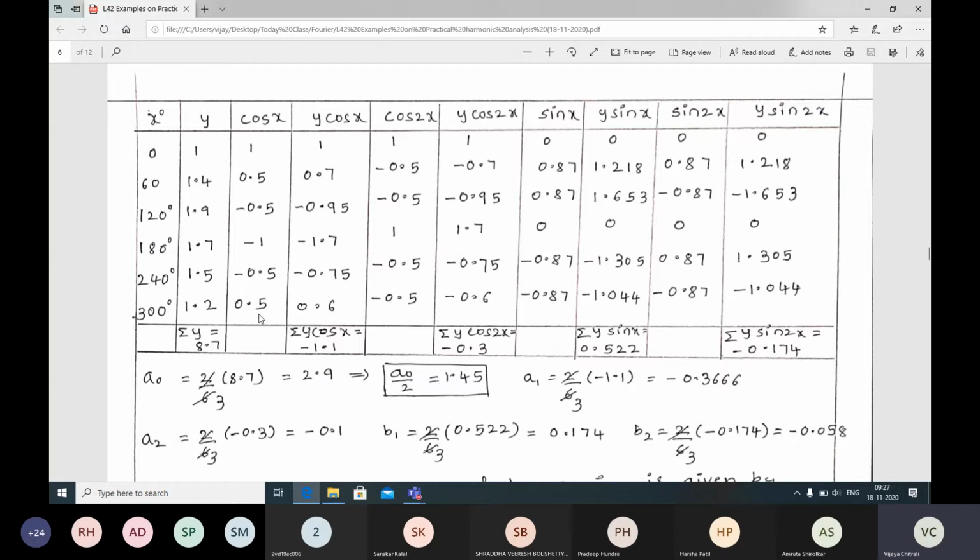We want y cos x, so multiply these two because we know the y values and we know the cos x values. So multiply these two, you will get y cos x.